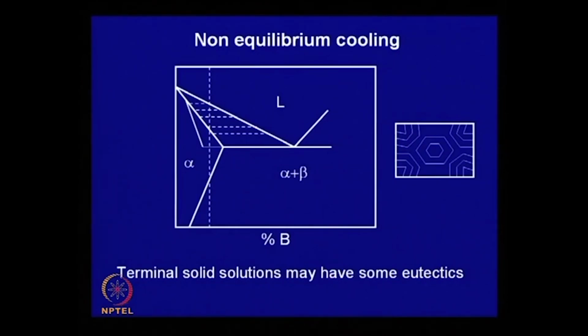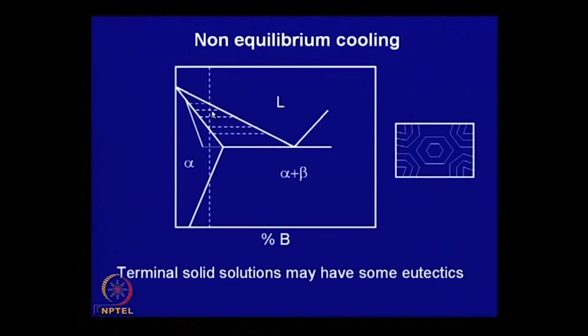So, eutectic, suppose here we consider this is the case. What is the non-equilibrium cooling in case of a eutectic system? Now, let us look at this terminal solid solution. This line represents pure A, this is pure B, and when the temperature goes below the liquidus, the first solid that precipitates out has this composition.